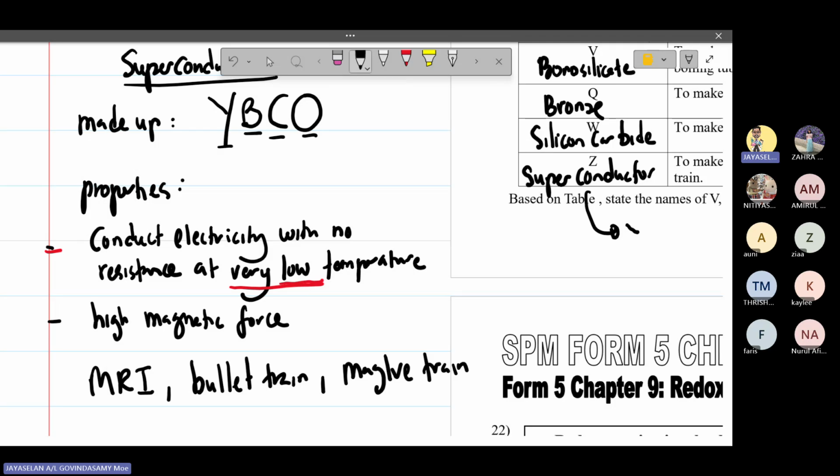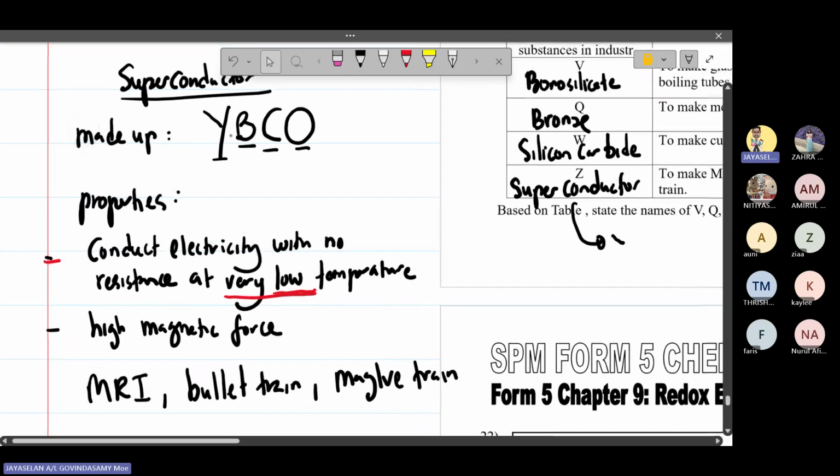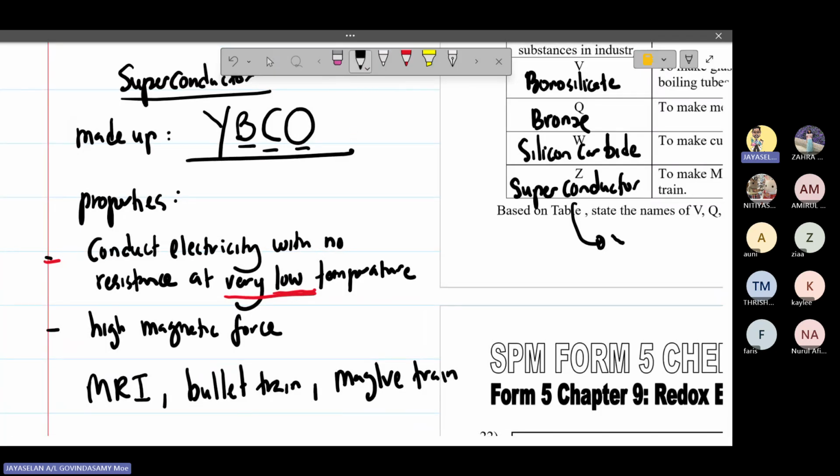Why? No need to answer the full name, just put this one, enough. If you write the full name, confirm will make mistakes. So in the exam, you put like this, you already score 1 mark. YBCO: yttrium, barium, copper oxide. Just write down YBCO enough. Make it simple. Okay, guys, any question?